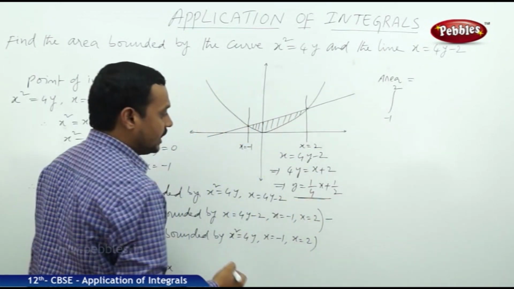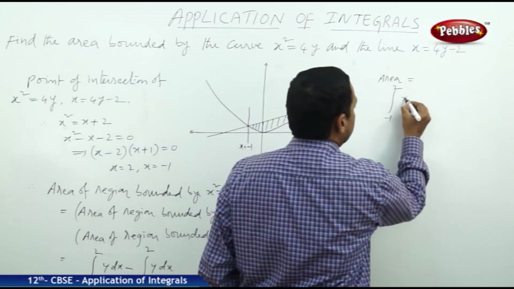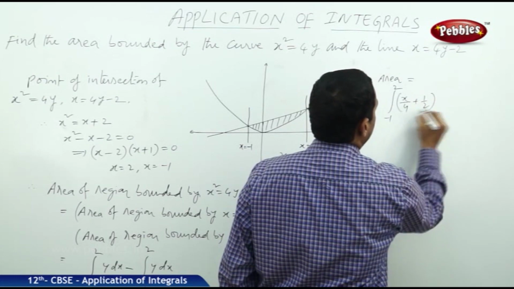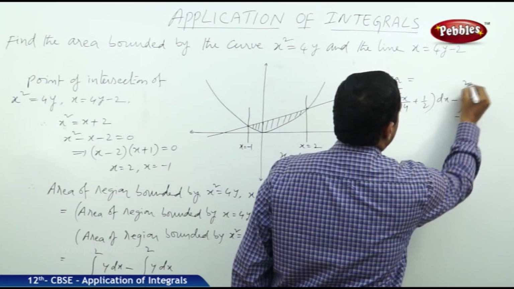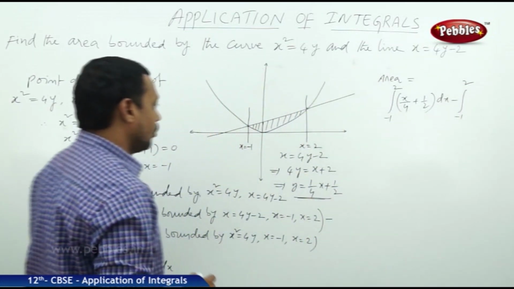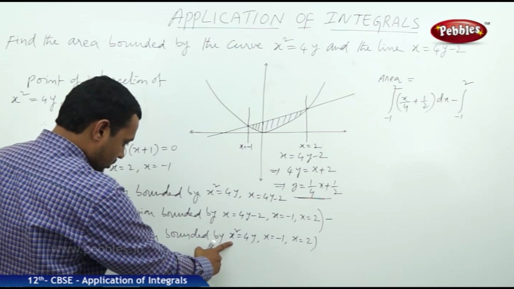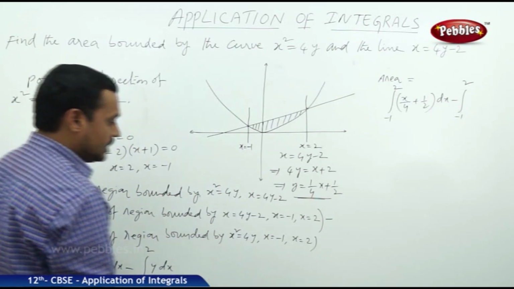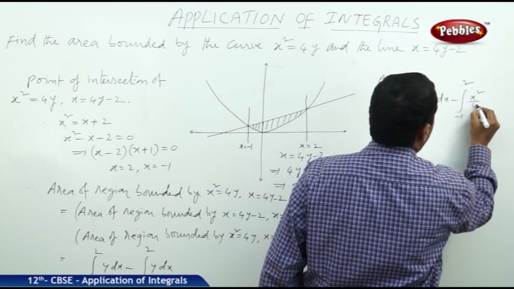So y dx is equal to x by 4 plus 1 by 2 dx minus integral minus 1 to 2 y dx, here y from the curve x square is equal to 4y is x square by 4 dx.